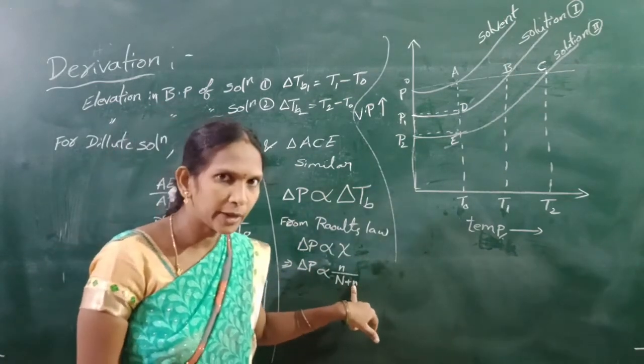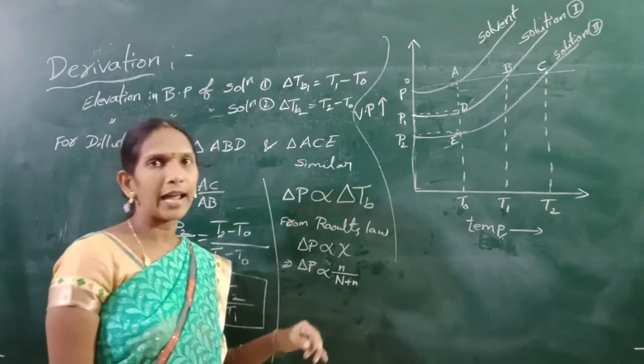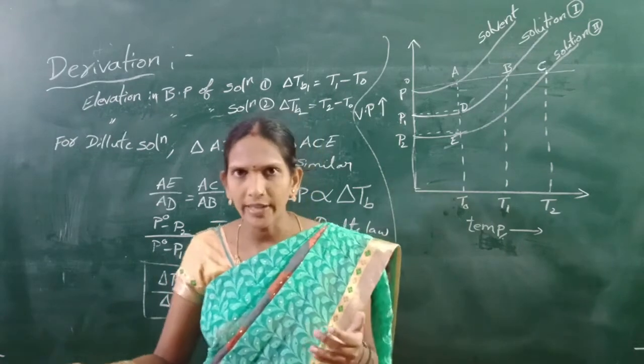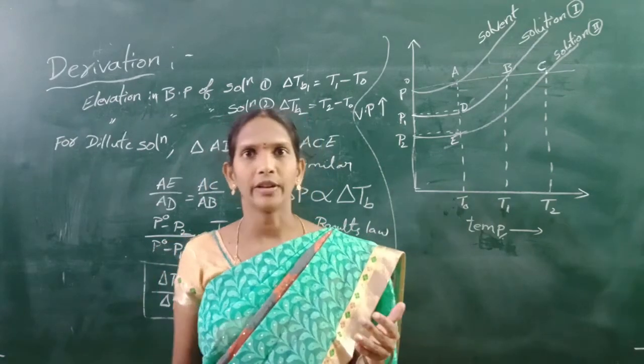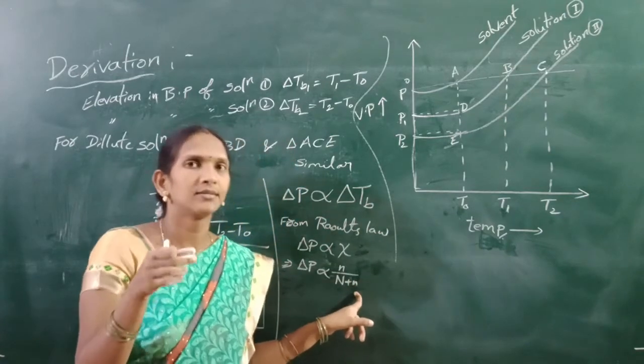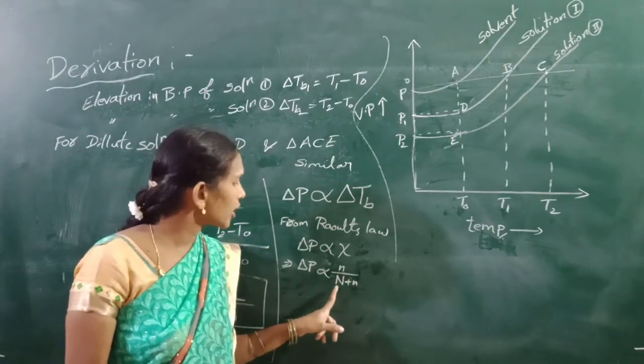Why can small n be neglected? A dilute solution means a small amount of solute is dissolved in a large amount of solvent. That means the number of moles of solute is very much less than the number of moles of solvent.